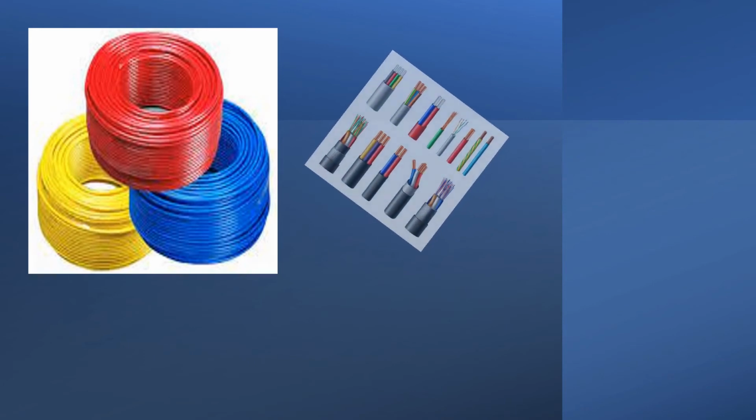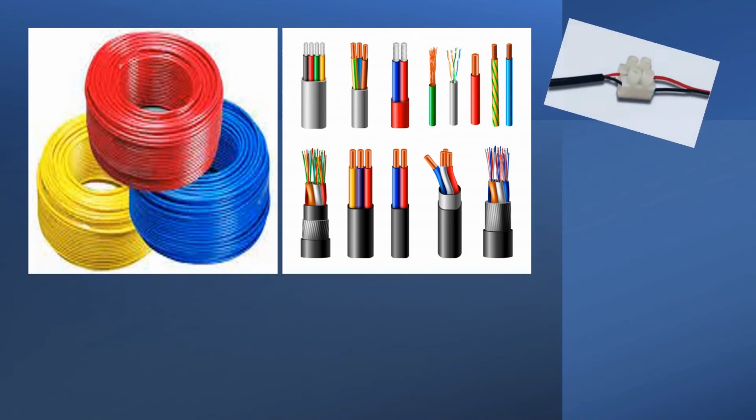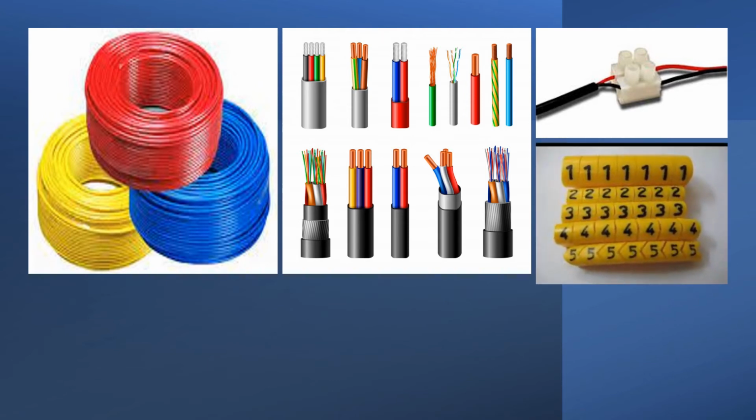Now we are seeing the wires. As you know, there are different colors of wires available in the market. Here you can see the number of types of cables: single core, double core, triple core, multi core. This is the connector which we are using to connect the cable.